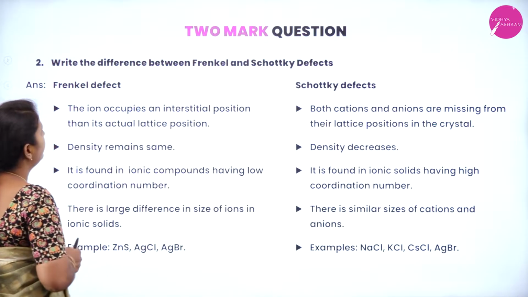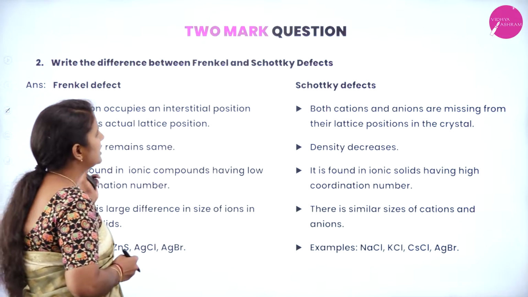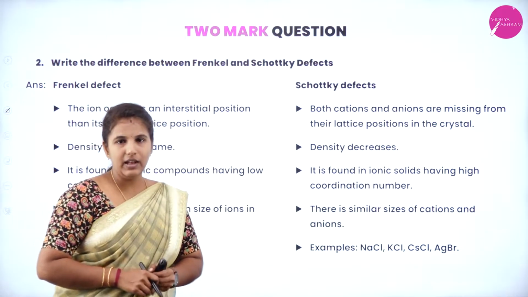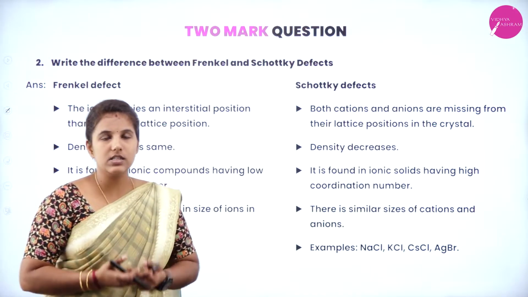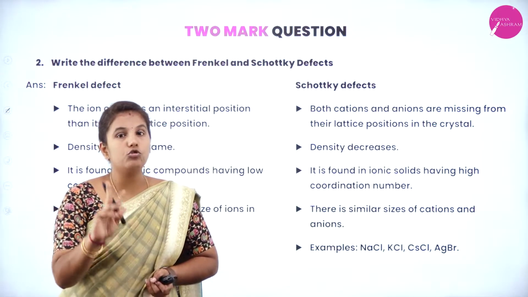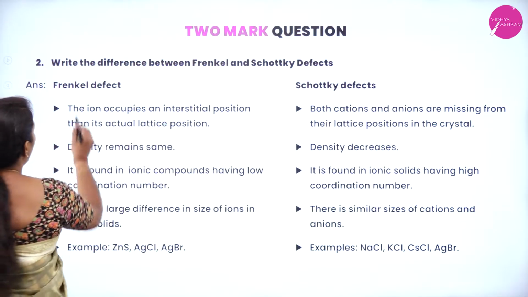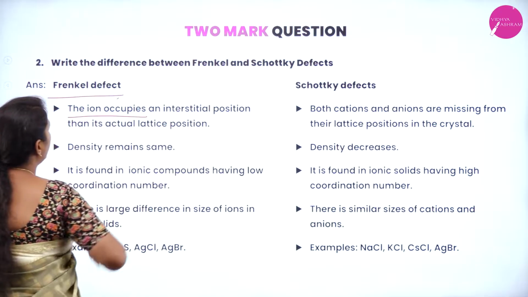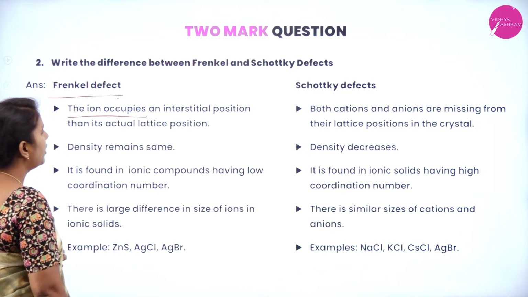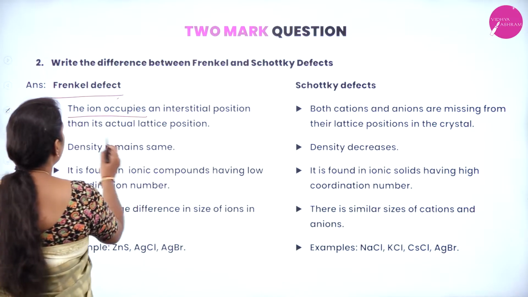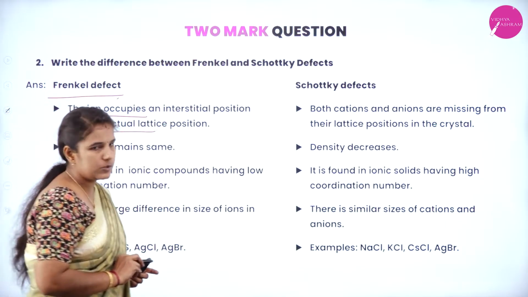Next is the differences between Frankel and Schottky defects. Again, if they ask you to write the differences, any 2 proper differences are enough to get 2 marks. Frankel defect means an ion occupies an interstitial position rather than its actual lattice position.